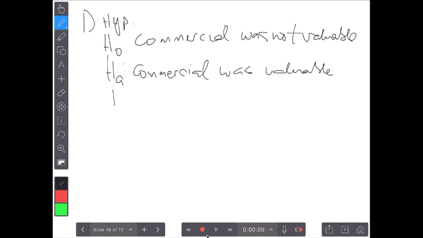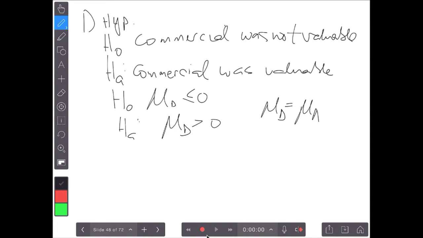Now, if the commercial was valuable, that means the mean difference, which I define as mu after minus mu before, mu D, will be greater than 0. And if it was not valuable, then mu D would be less than or equal to 0, defining mu D as the mean after minus the mean before. So that's step 1. Step 2, the test statistic.